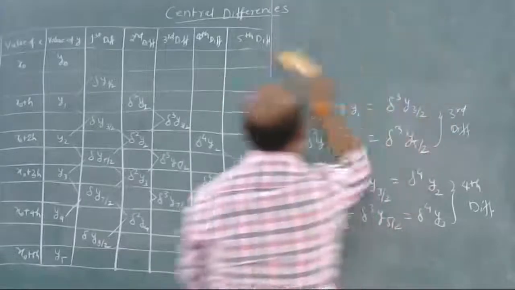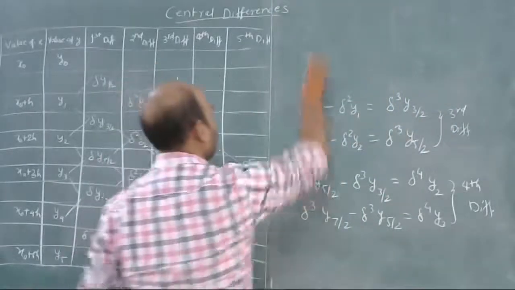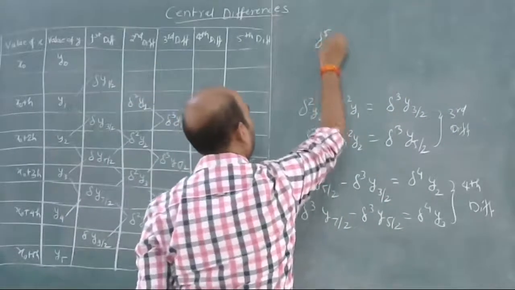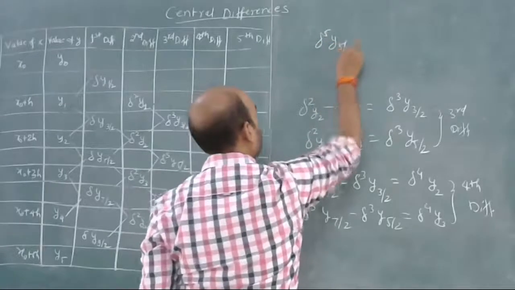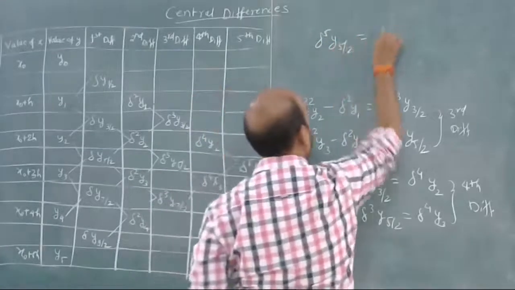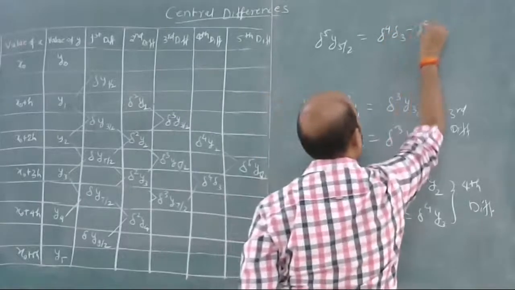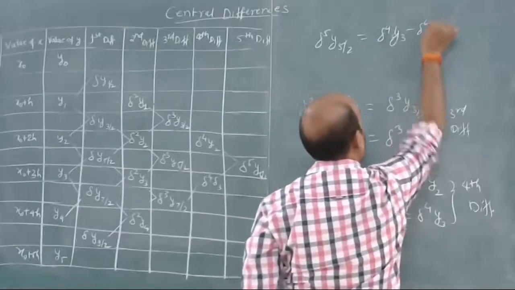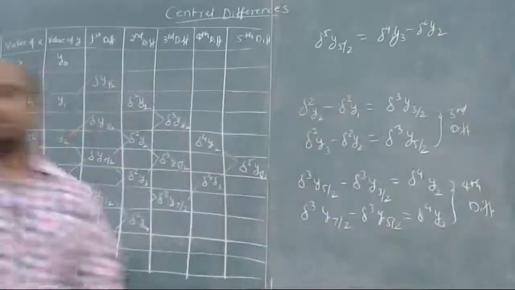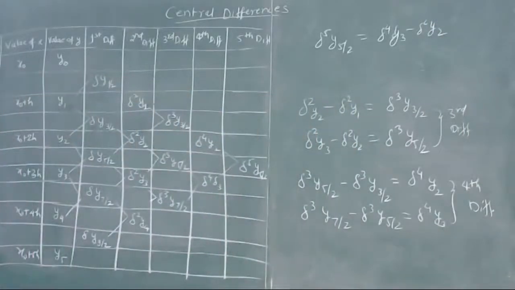So you can calculate fifth difference del^5 y5/2, which is equal to del to the power 4 y3 minus del to the power 4 y2. So this is your central difference table.